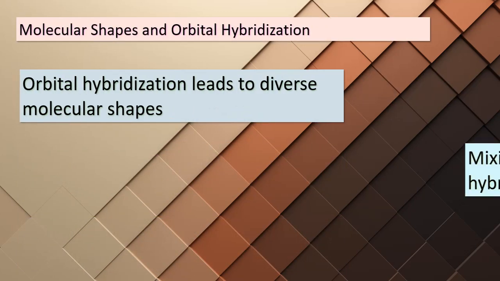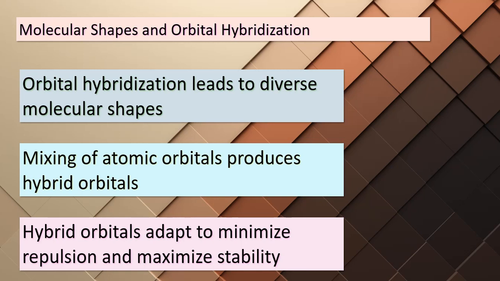Hello again, eager learners. Our journey through covalent bonding takes us to the captivating realm of molecular shapes and orbital hybridization. Imagine atoms as artists, skillfully mixing their atomic orbitals to create new hybrid orbitals. These hybrid orbitals aren't just random combinations. They adapt in shape to minimize repulsion between electrons and maximize the stability of the molecule.